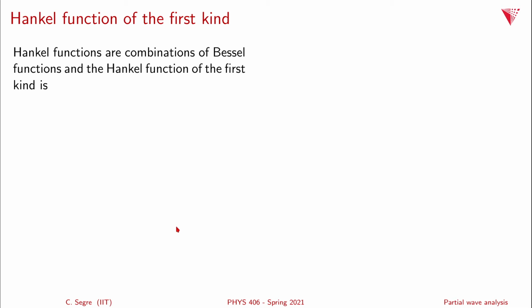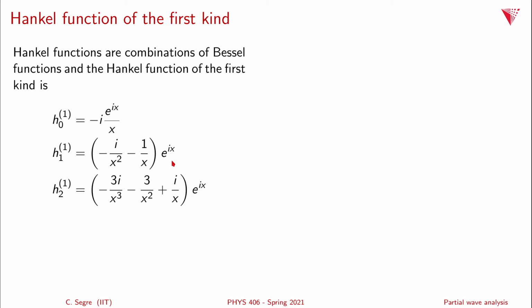So the Hankel functions of the first kind, as I said, are combinations of Bessel functions. We write the Hankel function of the first kind, h sub 0, is equal to minus I e to the ix over x. And h sub 1 is equal to minus I over x squared minus 1 over x e to the ix.